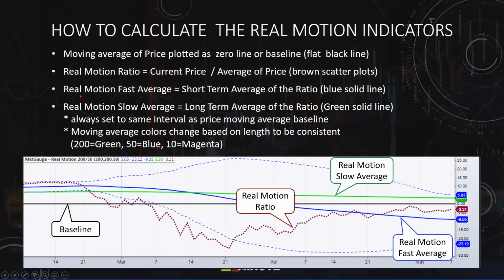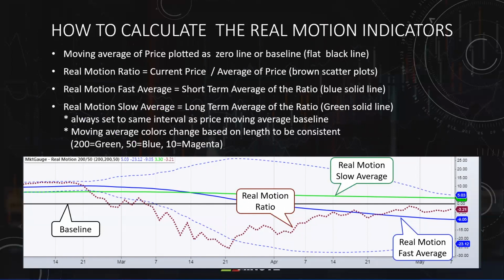We also have a fast real motion moving average, a short-term average of the ratio. In this particular chart, it's the 50-day moving average of what the real motion indicator has been doing over the last 50 days. Then we have a slow average, which on the daily chart we have set at 200 days.